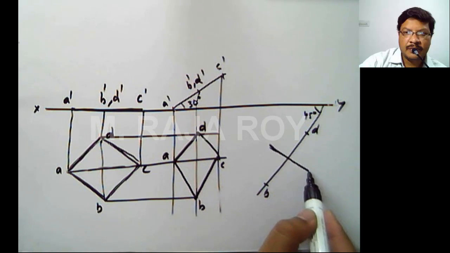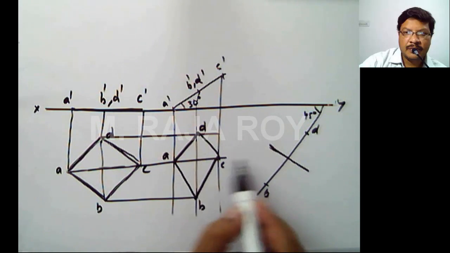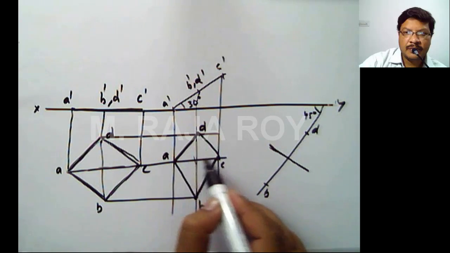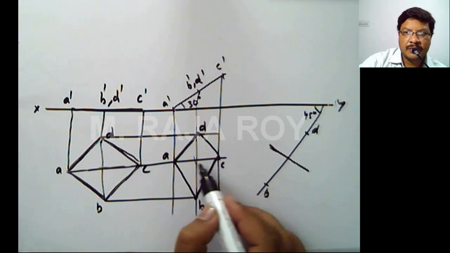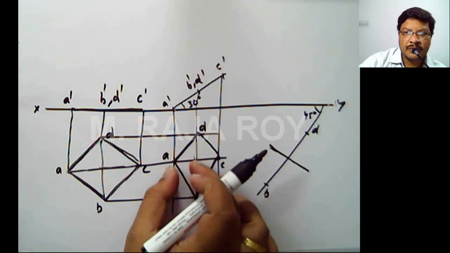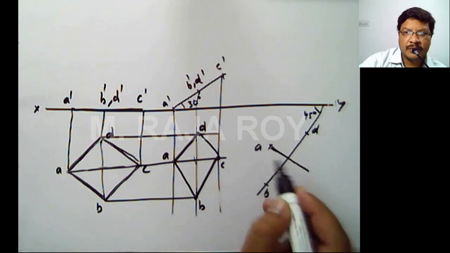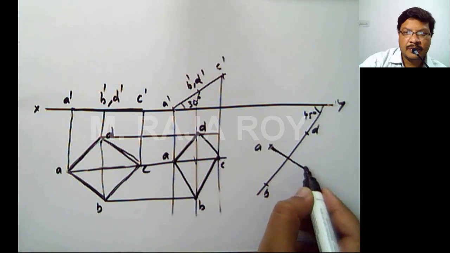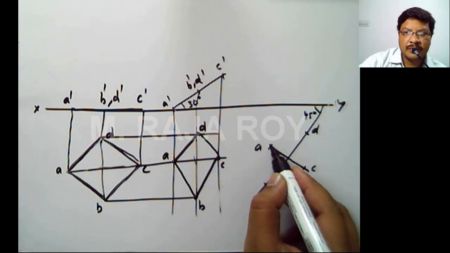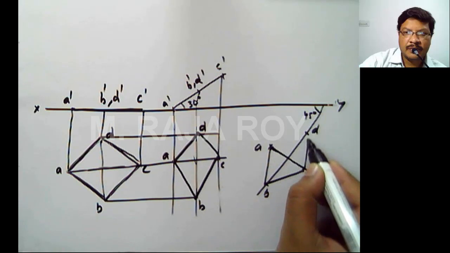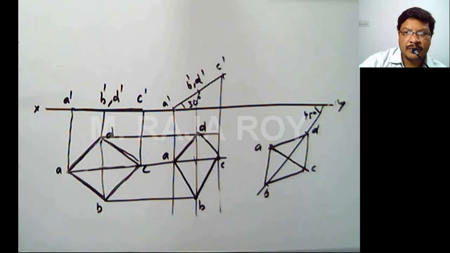If you draw a perpendicular to BD, this is BD. Perpendicular is something like this. On this perpendicular you will get A and C points. Take this distance, draw an arc, then you will get point A. Take this distance, draw the arc on the other side, you will get point C. Now ABCD, the same figure you have reconstructed here.